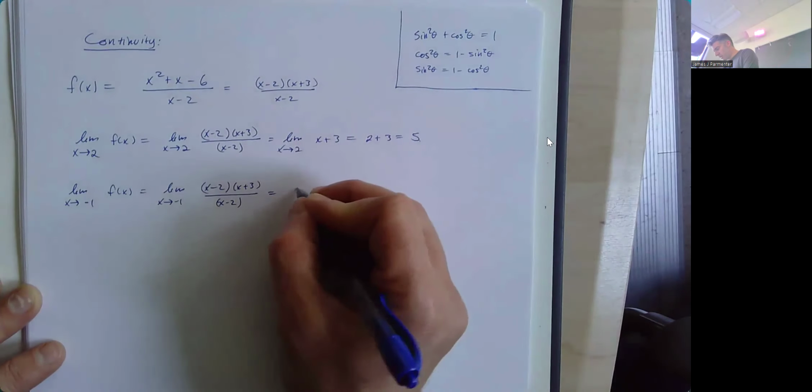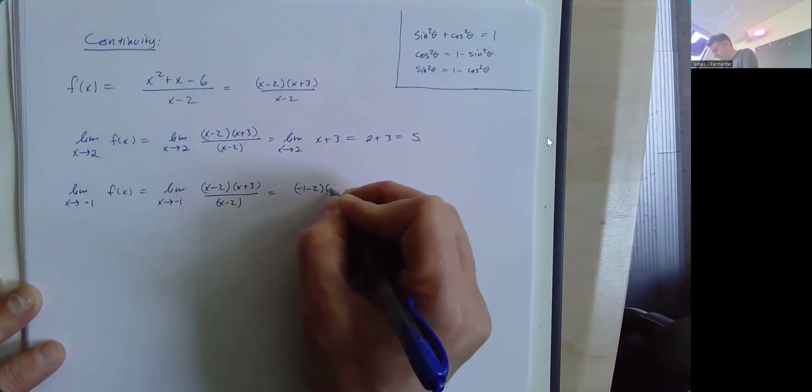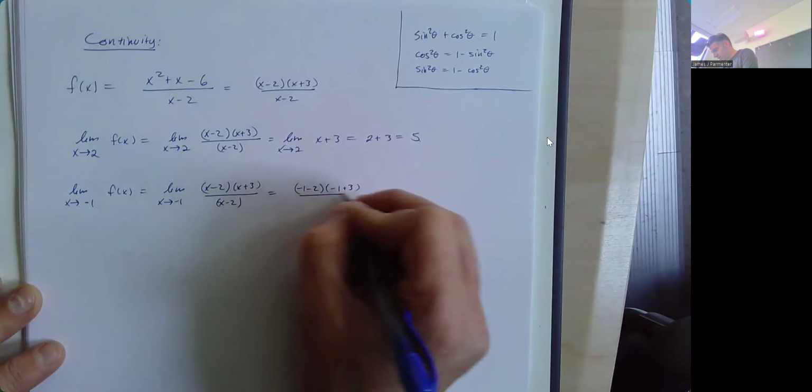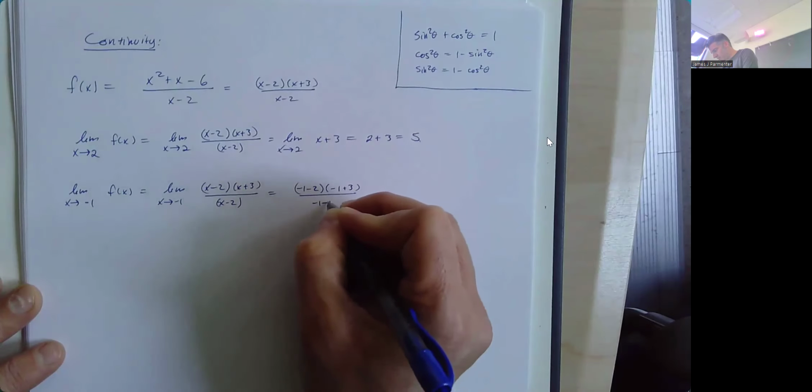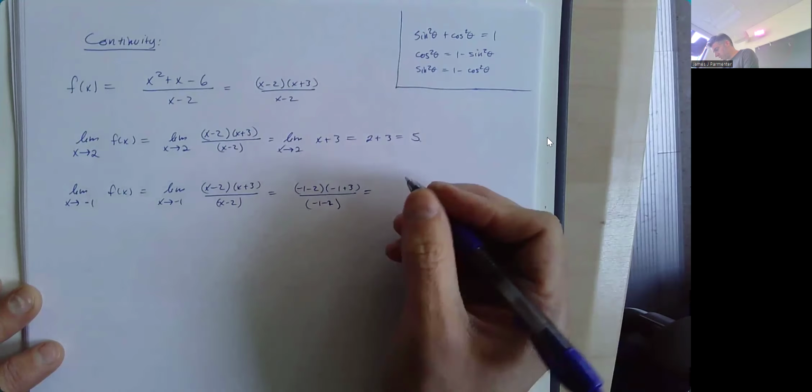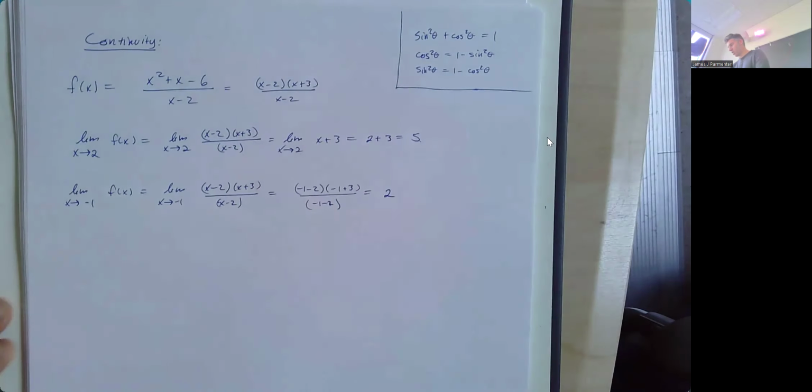You get -1 minus 2 times -1 plus 3 over -1 minus 2, which ends up equaling 2. Or if you prefer, -3 times 2 over -3, which is 2. But the point is, the limit exists everywhere, actually. You can pick any value for this function, the limit would exist as x approaches that value.